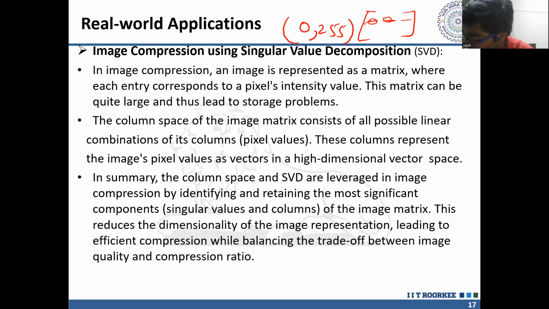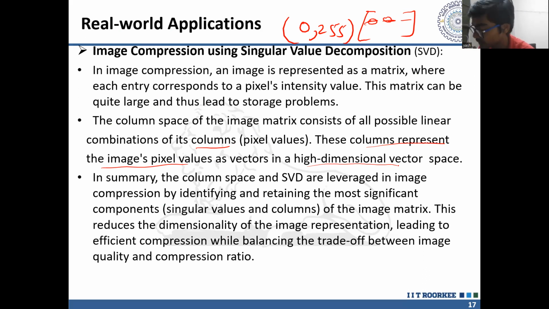The column space of the image matrix consists of all possible linear combinations of its columns. Each column represents the image pixel values as a vector in a high dimensional vector space. So the column space and SVD are leveraged in image compression by identifying and retaining the most significant components of the image matrix.